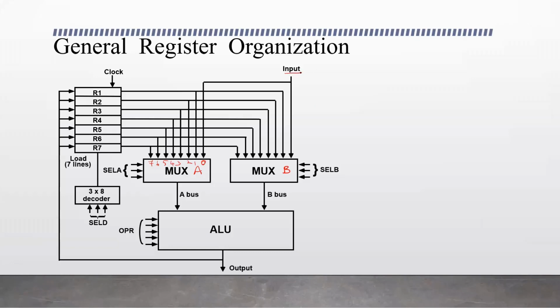External input is also applied to both multiplexers, A and B. That is input 0 to the multiplexer. The multiplexer is an 8 by 1 multiplexer, so it selects one out of these 8 inputs and generates a bus called A. The common bus A is constructed by multiplexer A.